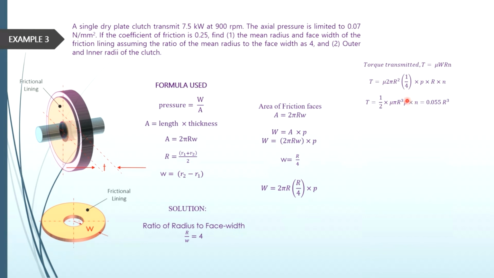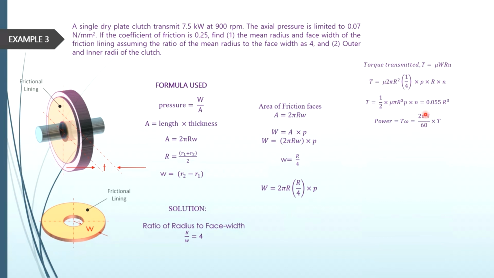When you simplify this, you get 0.055 r cubed in terms of the mean radius, where n is 2, pressure is 0.07 Newton per millimeter square, and pi, and mu, the coefficient of friction, is 0.25. That is how you got 0.055 r cubed: this r times this r squared times this r gives r cubed.